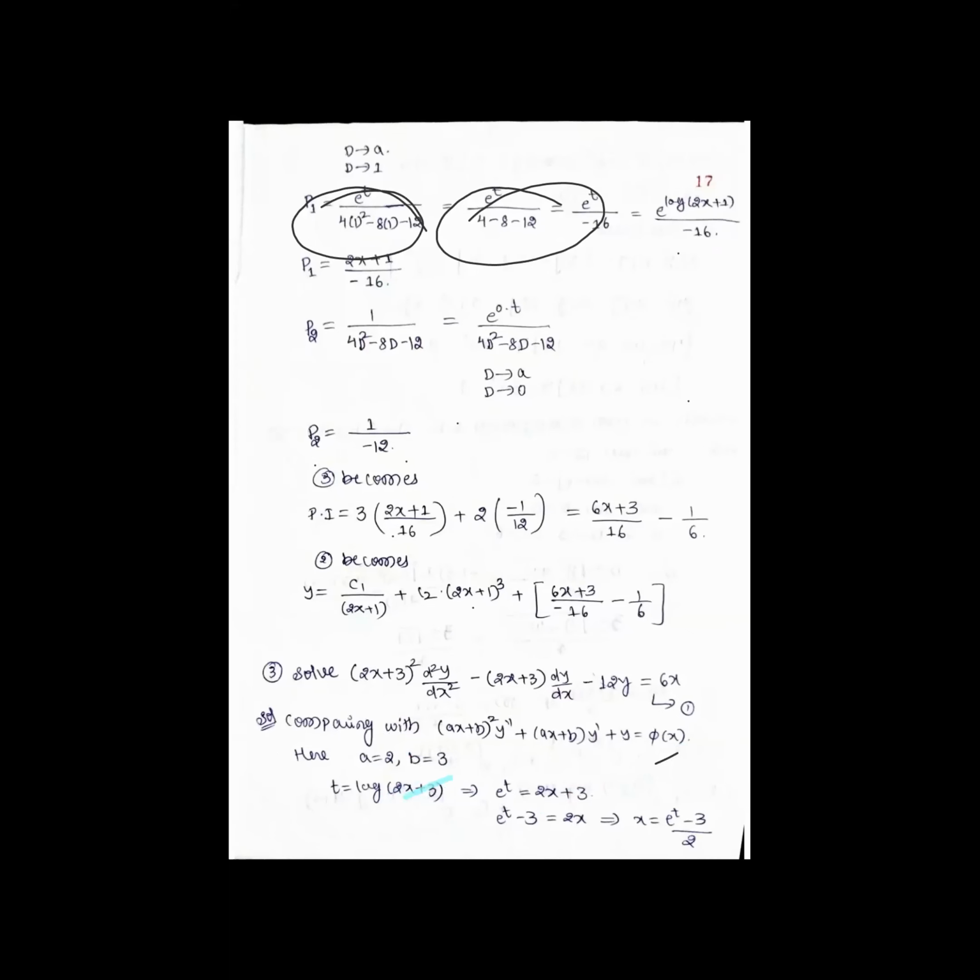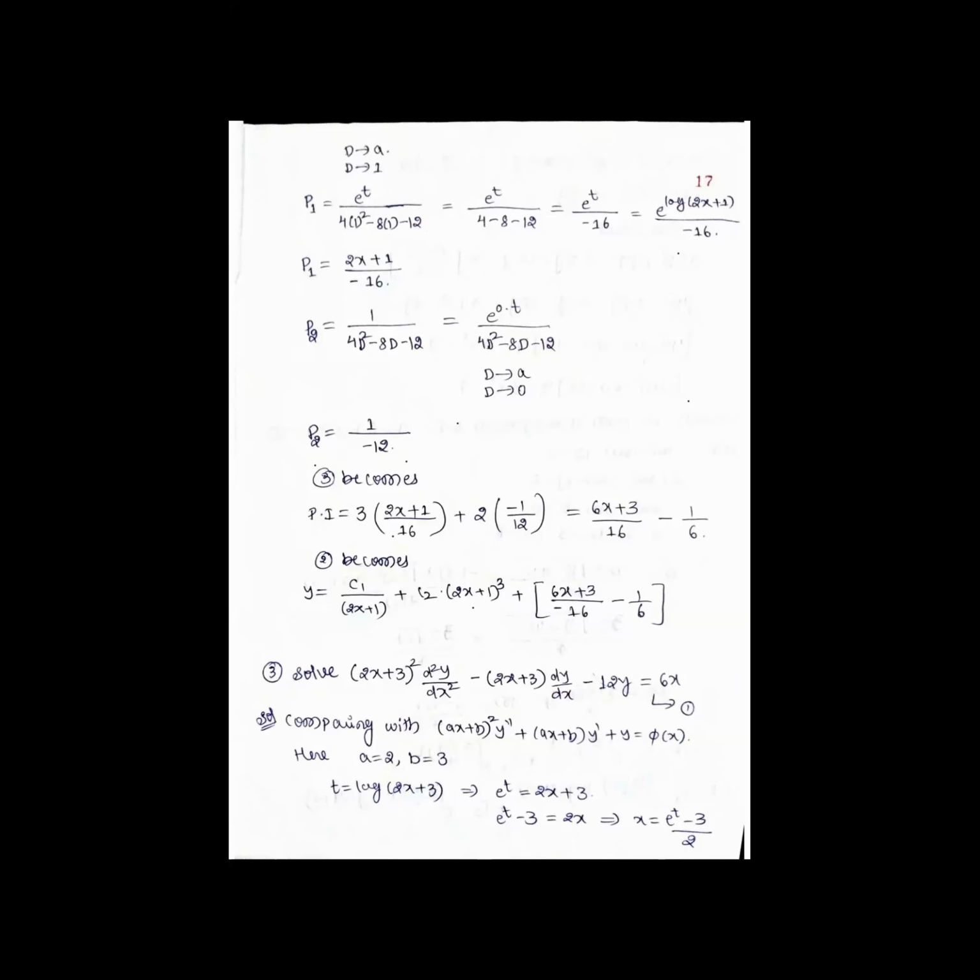So therefore, D is replaced by the coefficient of t in e raised to t, that is 1. D is replaced by 1. e raised to t divided by, just before writing the term, we have to check whether the denominator reduces to 0 or not. 4 into 1 square minus 8 into 1 minus 12.